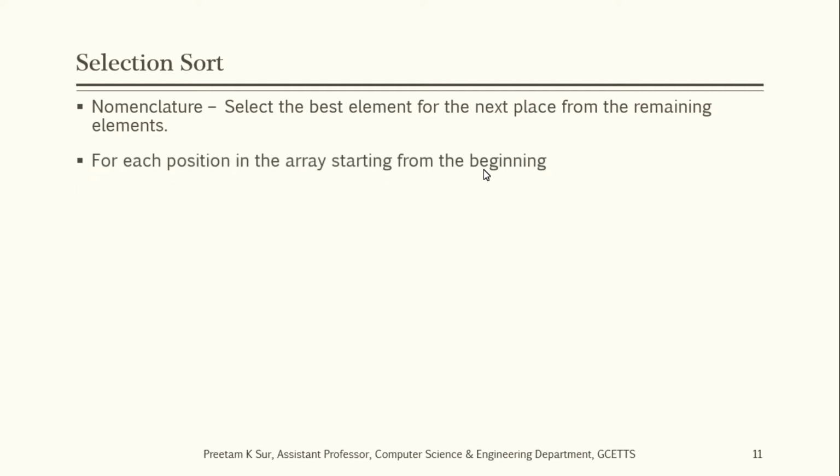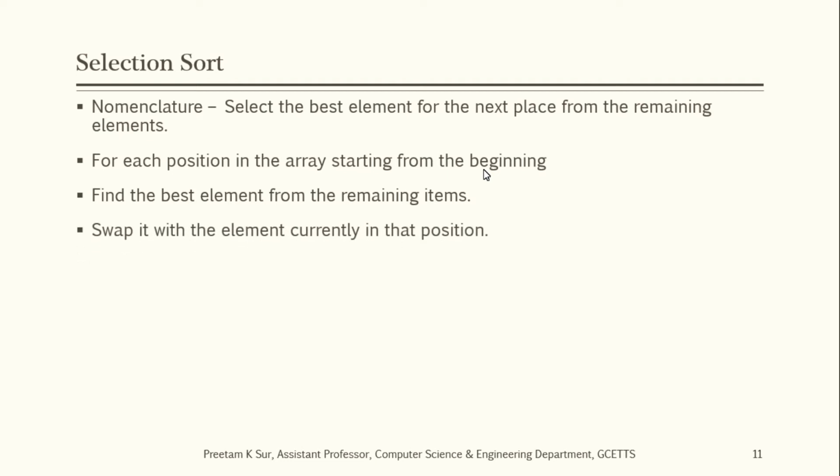So how do we do the selection sort? For each position in the array starting from the beginning, we try to find the best element from the remaining items which are not placed already. We find that best element, and we swap it with the element currently in that position. So what does it mean? We start the selection sort at the first position.